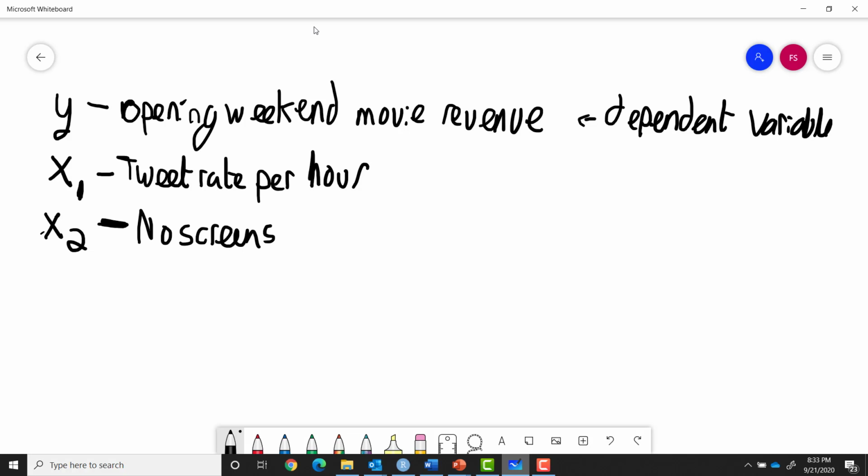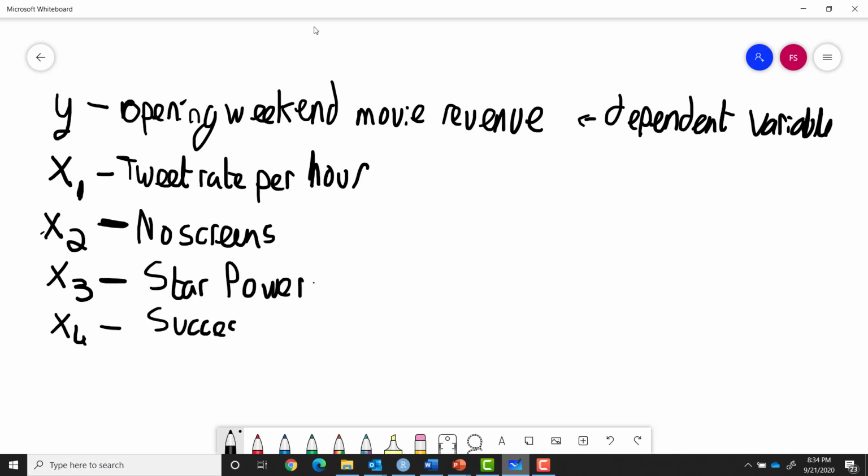Not always. I mean, you can have some blockbusters which are flops, but if a movie's on a lot of screens, then it's liable to be more popular. Number 3, we're going to have, let's just say, something to do with the star power of the actors, whether they've been in lots of successful movies before, something like the previous success of the director.